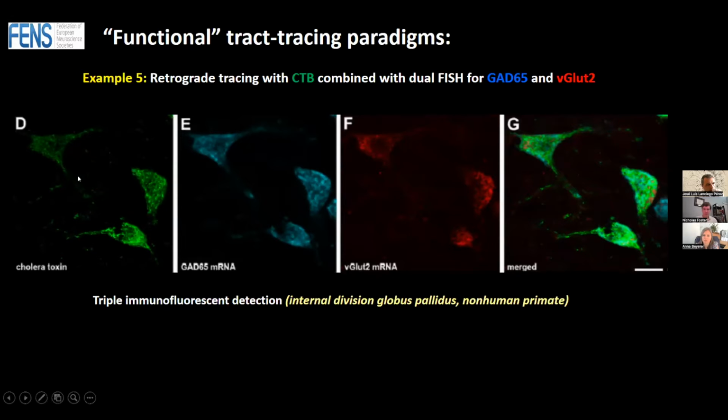So these are basal ganglia output neurons. And in that case, we have combined the immunofluorescent detection of cholera toxin with dual fluorescent in situ hybridization for GAD65 and VGLUT2. So with this type of paradigm, you can disclose basal ganglia output neurons expressing both mRNAs of different sources, GAD65 and VGLUT2, in the same neurons that have been formally identified by retrograde tracing.